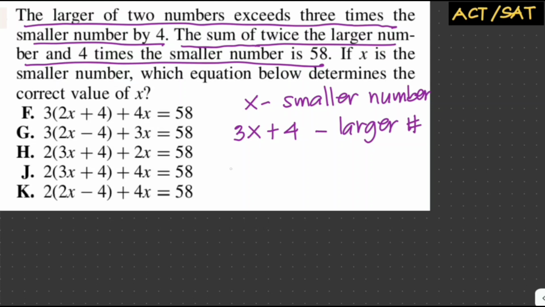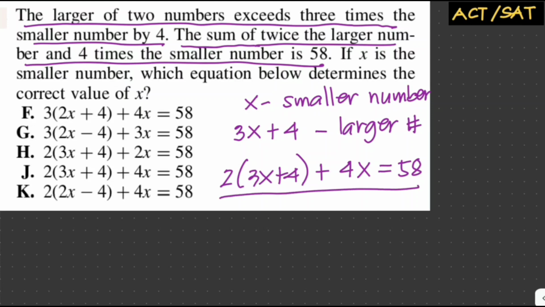So twice the larger number, so 2 times 3x plus 4, sum, so that is plus 4 times the smaller number, so 4x, is 58. That means equals 58. So the equation that determines the correct value of x is this one: 2 times 3x plus 4, plus 4x equals 58. So from the choices here, the answer is letter J.